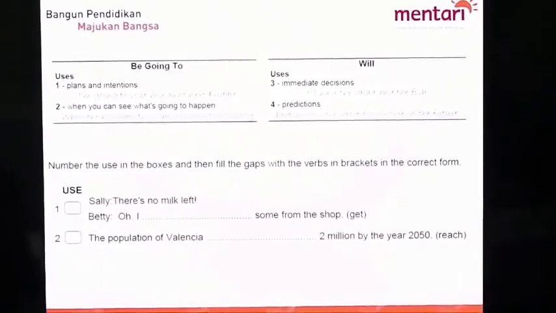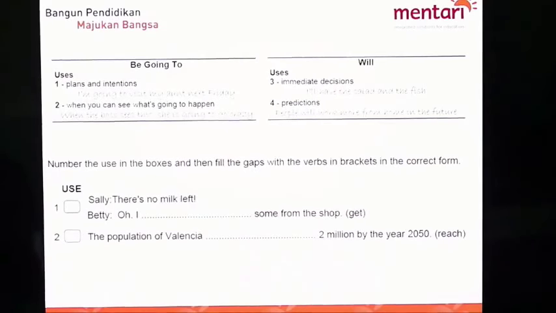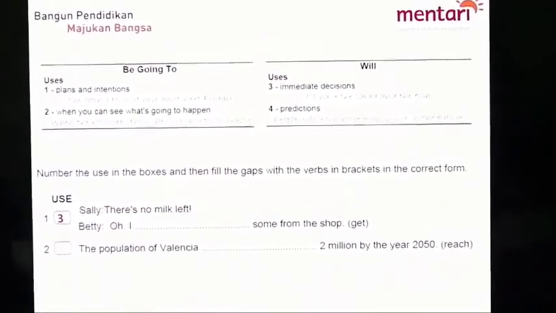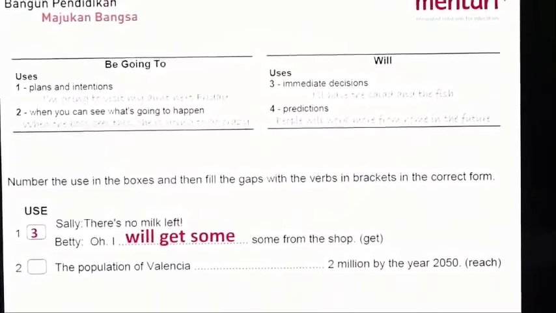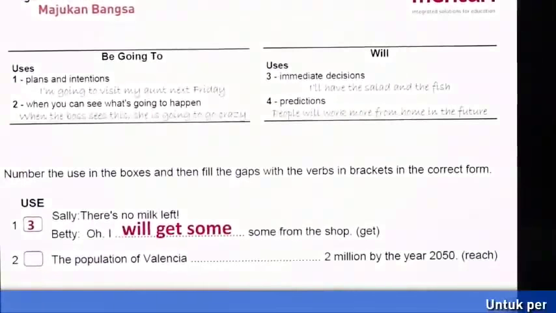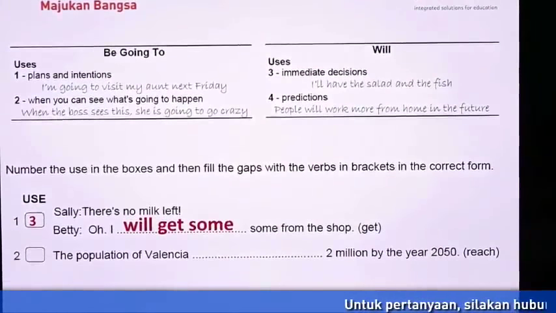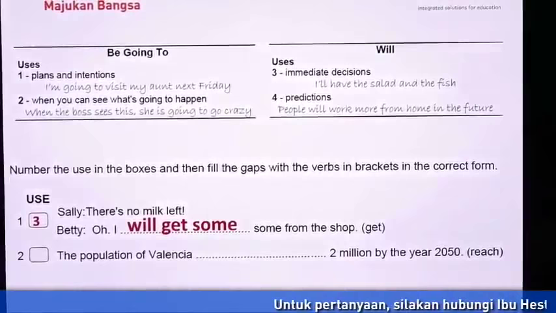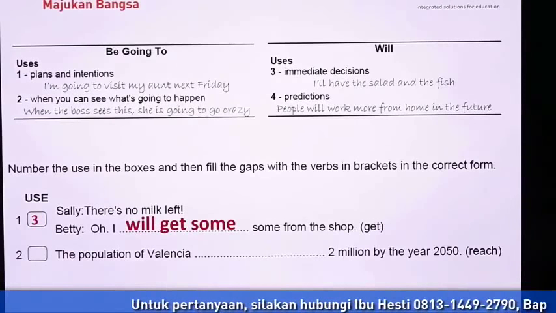I'll give you 2 seconds to fill in the answer. You are right. Betty says, oh, I will get some from the shop. I will get some because it was spontaneous. They didn't know it was over.